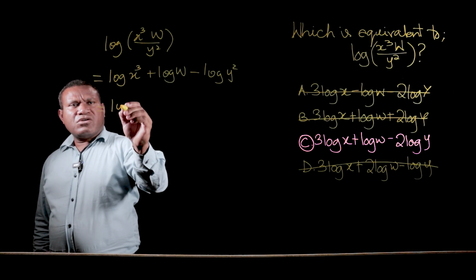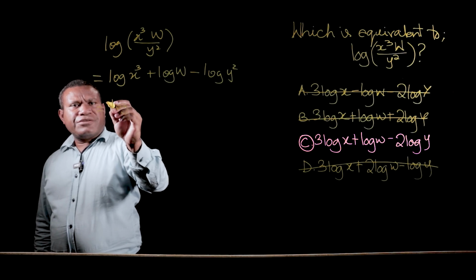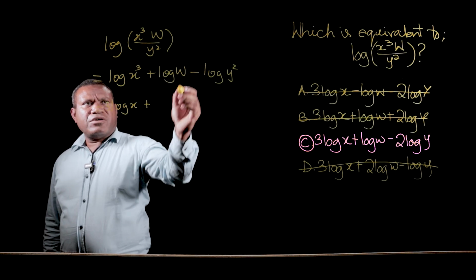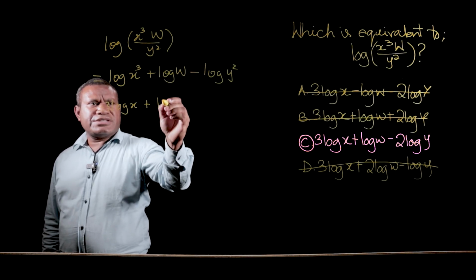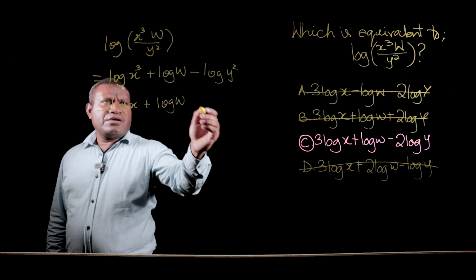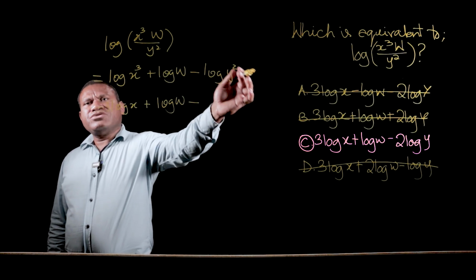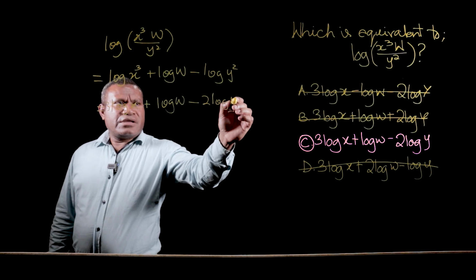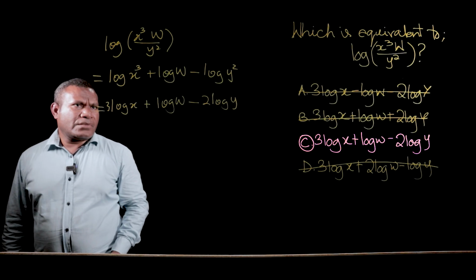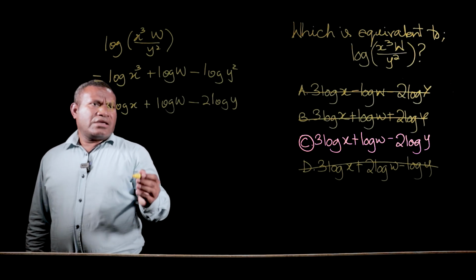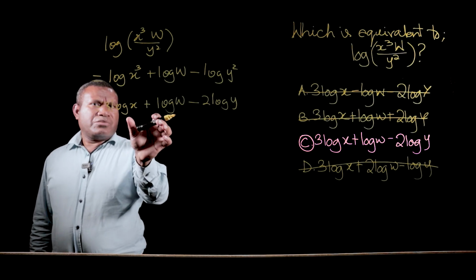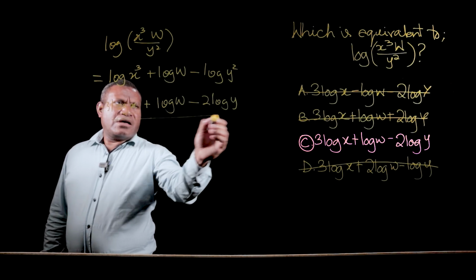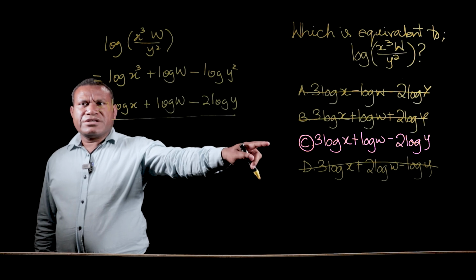So it will be 3 log of x plus, there is no power here, which is just 1, so just log of w minus, this exponent 2 is brought in front, so 2 log of y. So we have come up with an expression that is equivalent to C. Our original guess is correct.